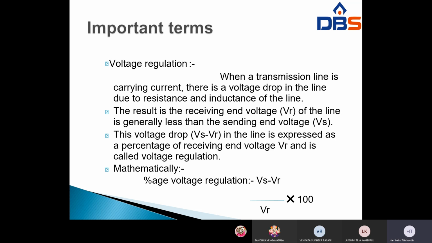When a transmission line is carrying current, there is a voltage drop in the line due to resistance and inductance, totally the impedance of the line. The result is that the receiving end voltage VR of the line is generally less than the sending end voltage Vs. Receiving end voltage VR is generally less than the sending end voltage.